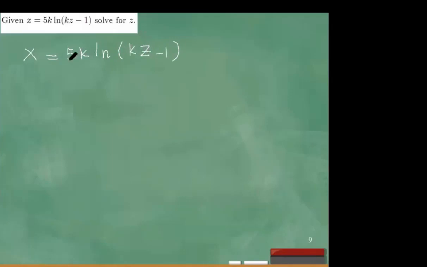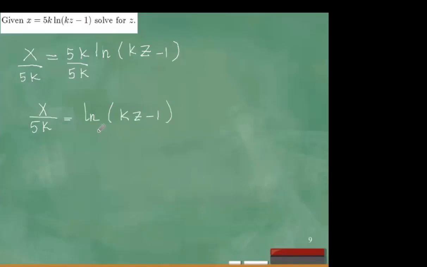So let's go ahead and divide both sides by 5k first. So the first step is to divide both sides by 5k. So I get x over 5k is equal to natural log of kz minus 1.